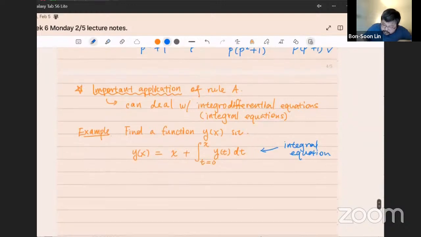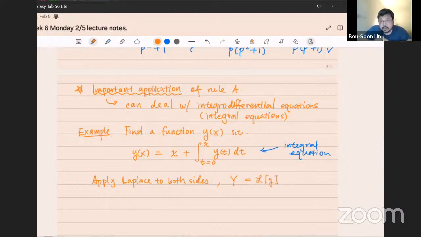What we'll do is apply the Laplace transform to both sides. And just per our tradition, we'll write big capital Y as the Laplace transform of little y.